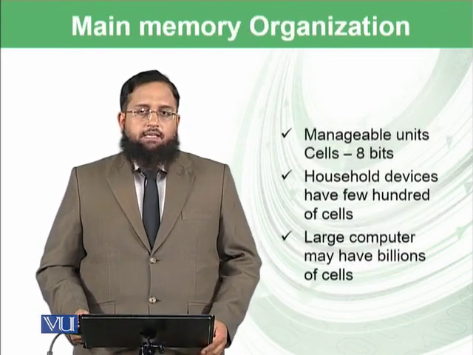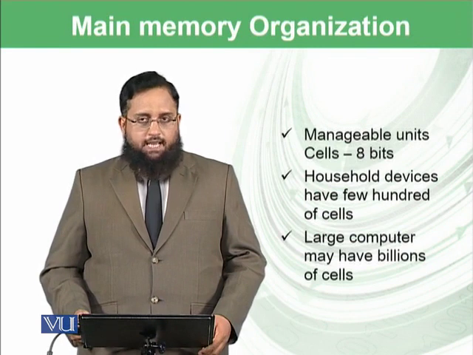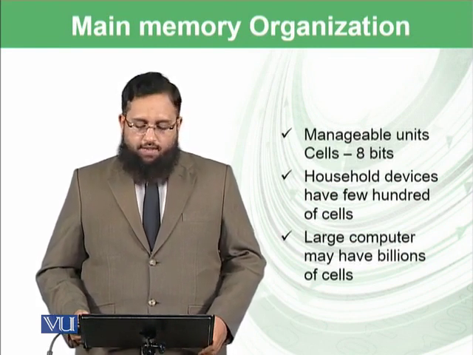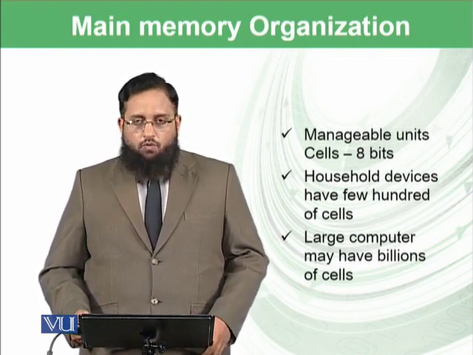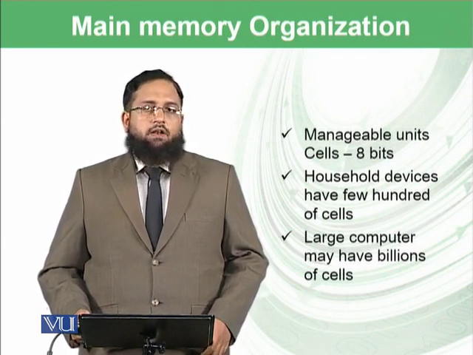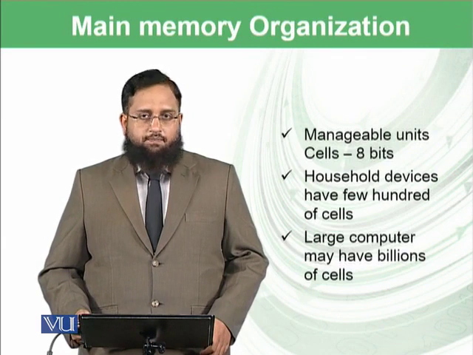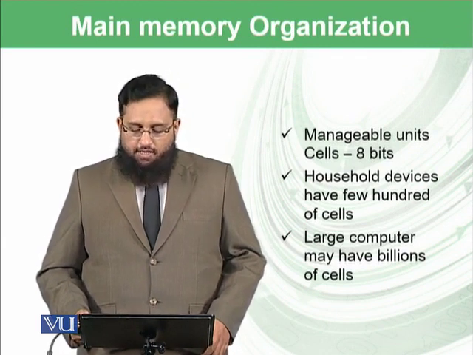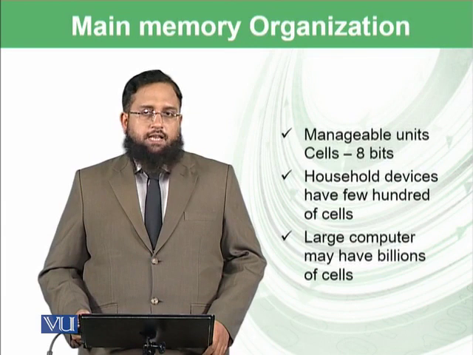So main memory is organized in small cells and each cell is of 8 bits. Household devices like a microwave oven at your home or other small devices which store some data may have a few hundred cells.